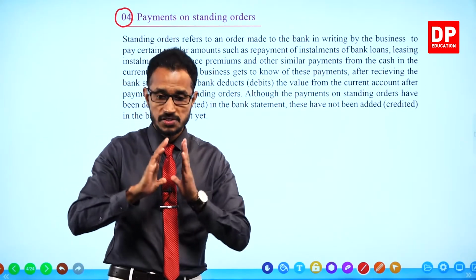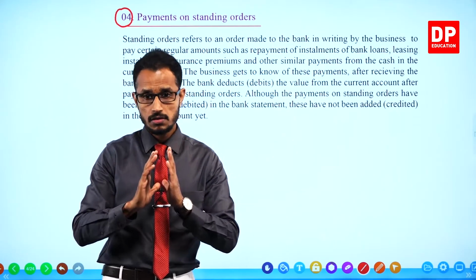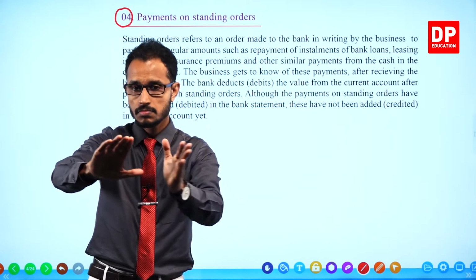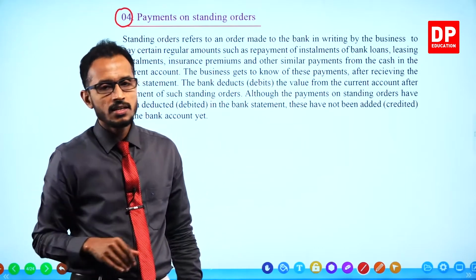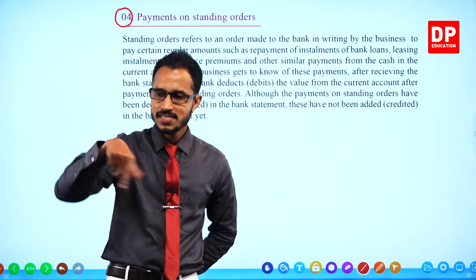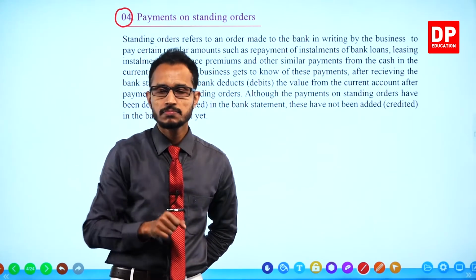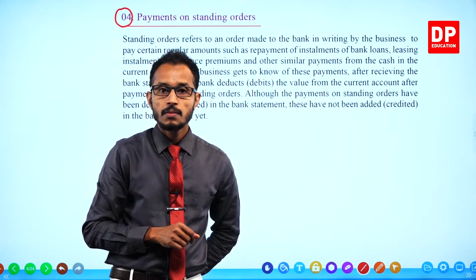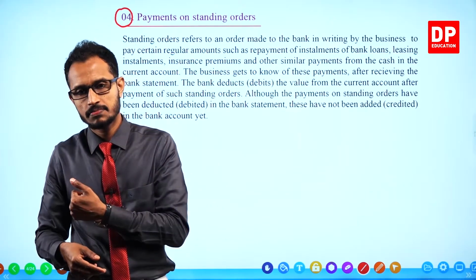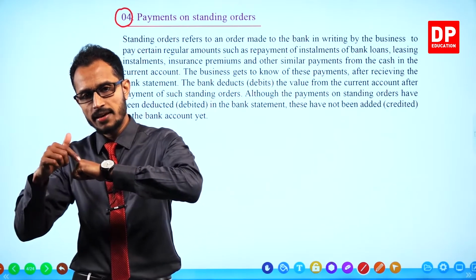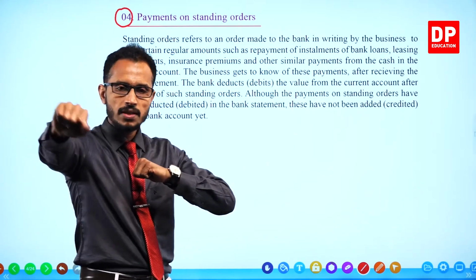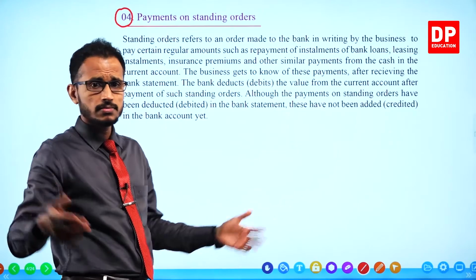These are orders given by the business or the current account holder to the bank to pay a certain amount on a certain date regularly, let's say the end of the month. The payment should go every month on the 30th. I have given this order to pay from my current account balance every month on the 30th. For what?